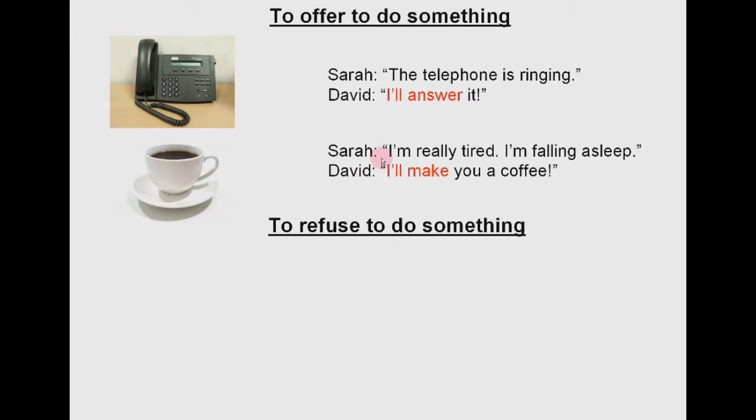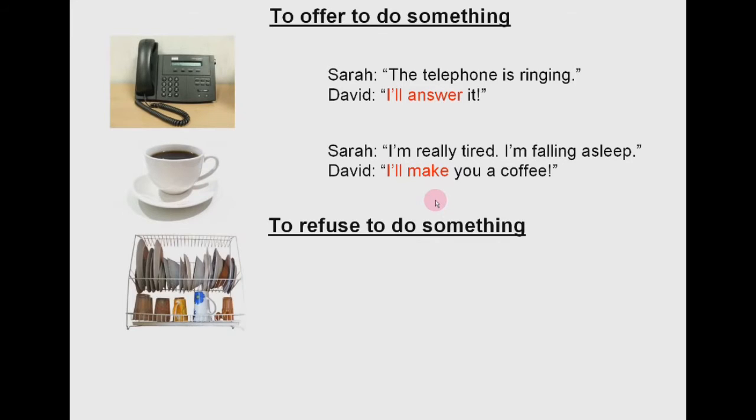The opposite of offering to do something is to refuse to do something. And to refuse to do something, we use the negative of the future simple. For example, I won't do the washing up by myself.